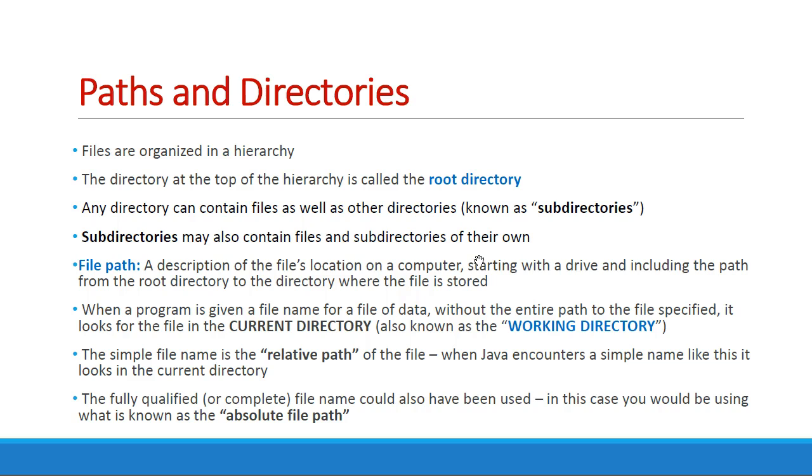Paths and directories. Generally, you won't have to worry about this too much because in simple examples, it'll always be in the current or working directory. Just know that if you do want to load a file with an absolute path or a relative path, you can do that. I would try to avoid it if possible for now.